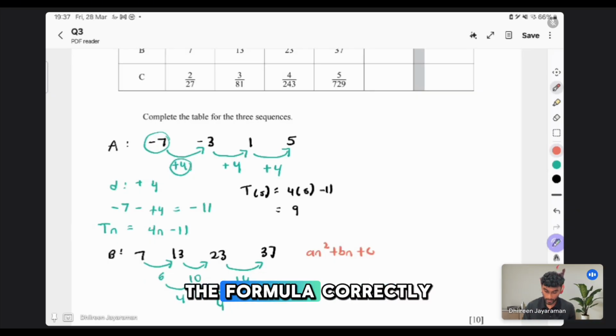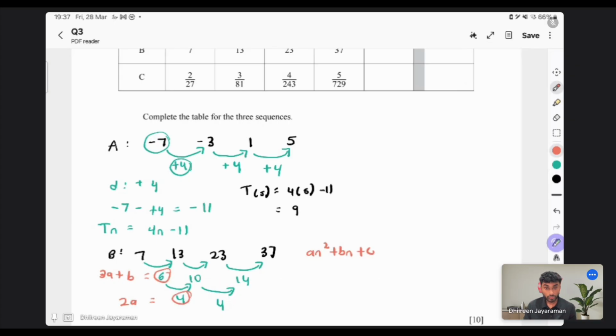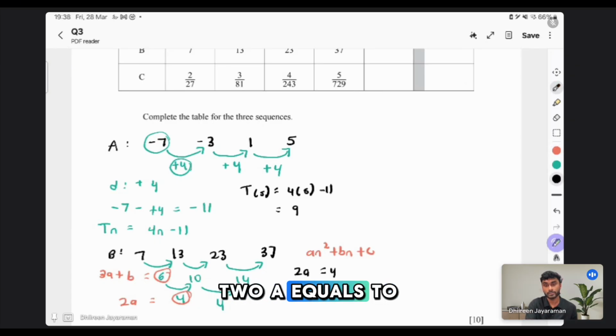If we use the formula correctly, it will be 3a plus b equals 6, 2a equals 4. So first we solve for a. As we know, 2a equals the second term, which is 4. So 2a equals 4 and a equals 2.